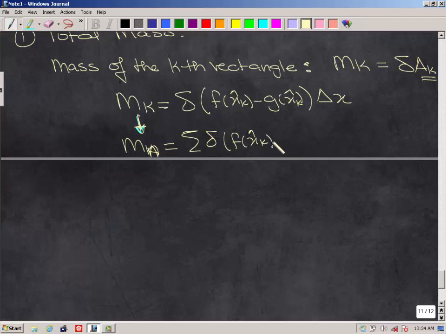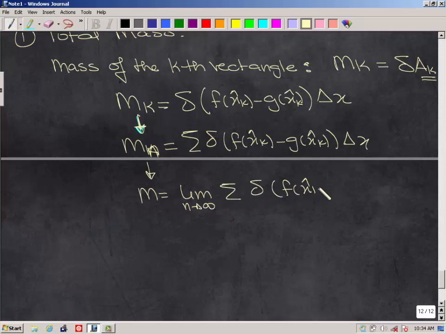And I'm doing this fast because you've seen this pretty much in every section in this chapter. And then we find the actual mass by taking the limit of this. So we get this, and this limit formula is fine, but it's really difficult to use. So we always want to come up with a better way to do this, and the better way was what? We change the limit and the summation to a definite integral wherever we draw rectangles.